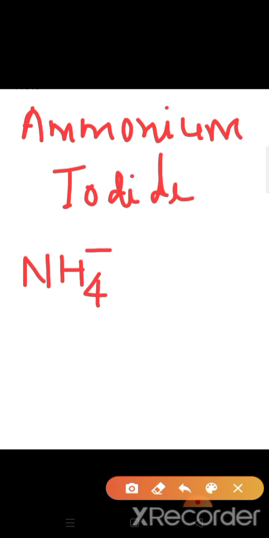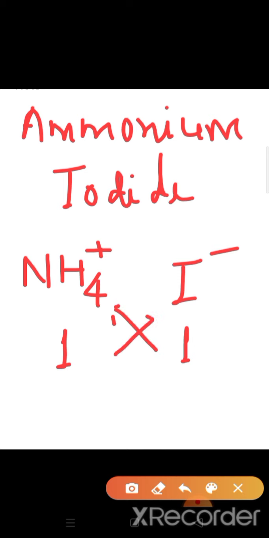Iodide is I negative. What is the valency of ammonium? 1. What is the valency of iodide? It is also 1. Valencies are cross transferred. Then the formula is NH4I. So the formula of ammonium iodide is NH4I.